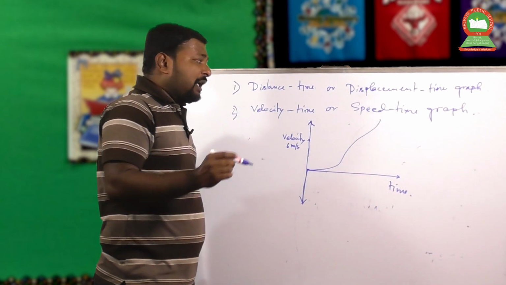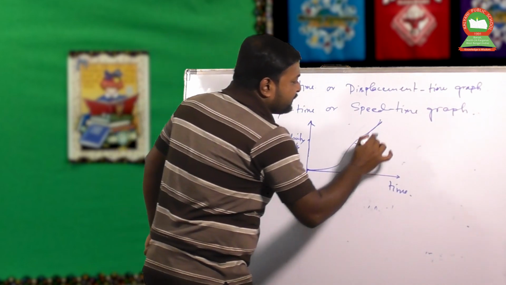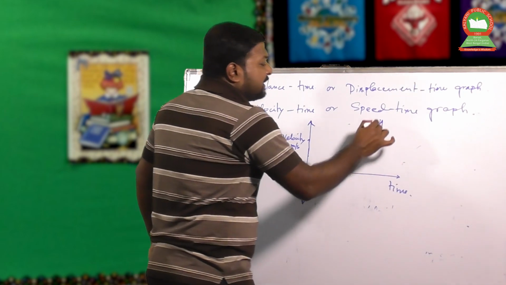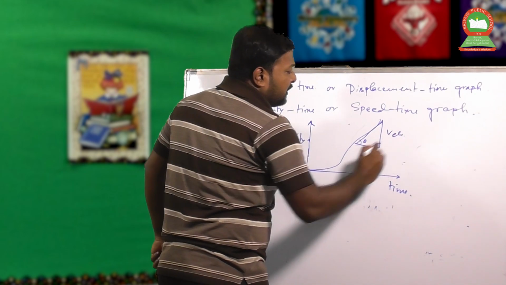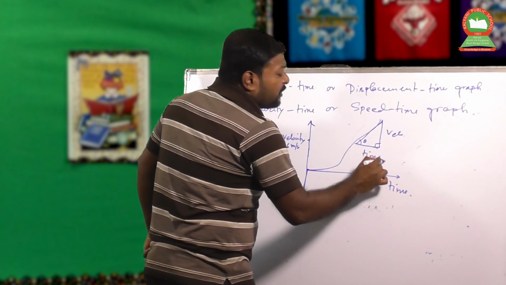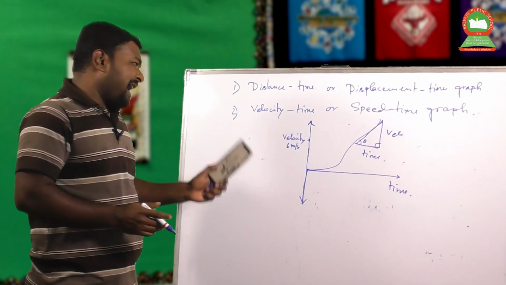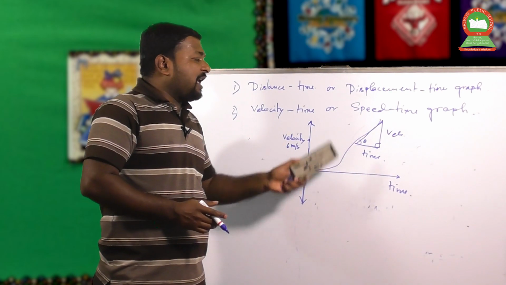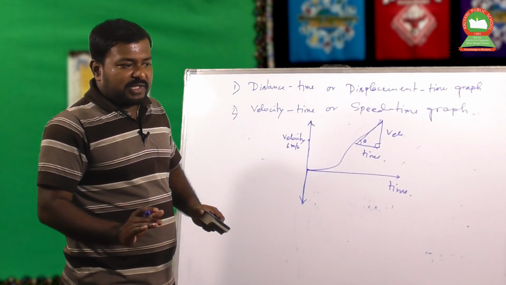Now, if we similarly draw the slope of the velocity time graph, that means it is a right angle triangle, this is theta, this is the height and this is the base. Height is velocity, base is time. So velocity by time would give the acceleration. So the slope of the velocity time graph gives you the value of acceleration or retardation.